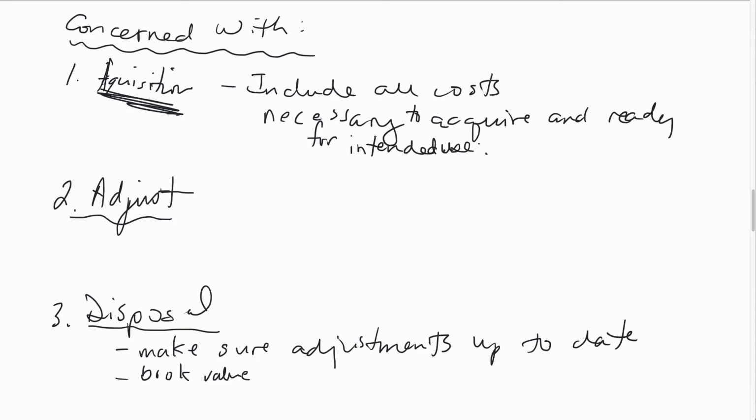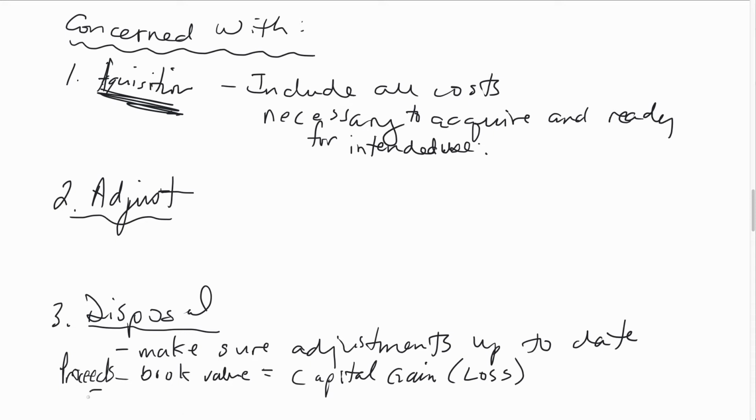And that matters because you also have proceeds, so in other words, the money you get for an asset. Proceeds minus book value is going to equal capital gain. In other words, you sell it for more than it's worth on your books. Or if it's negative, it's a capital loss. And you have to deal with that too when you dispose of it.